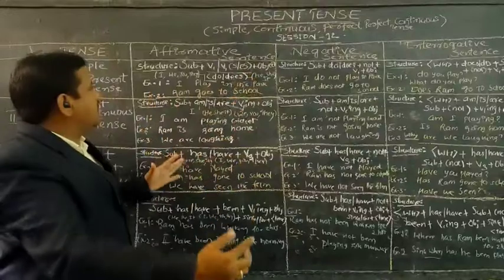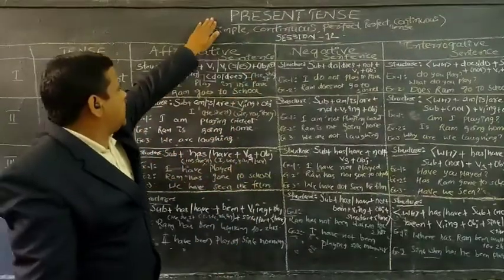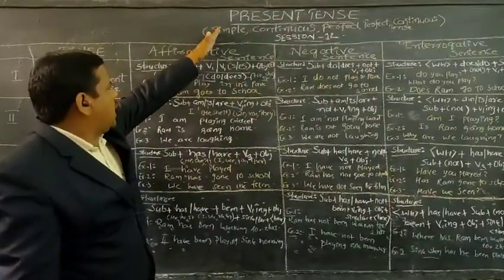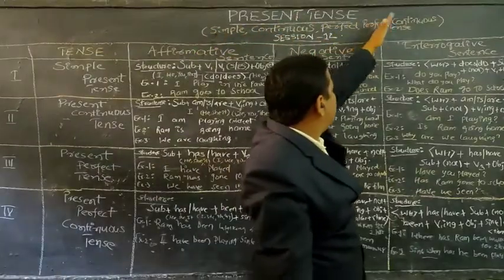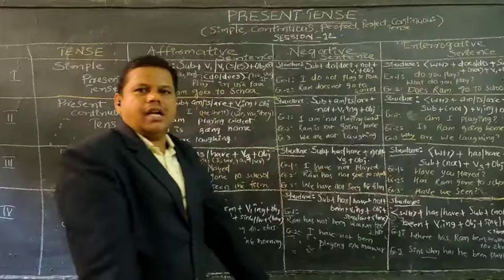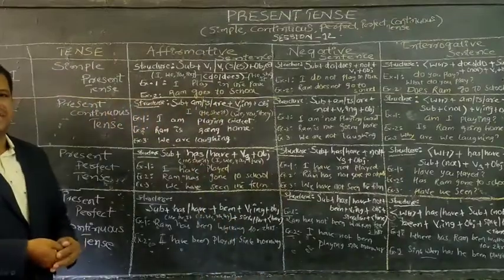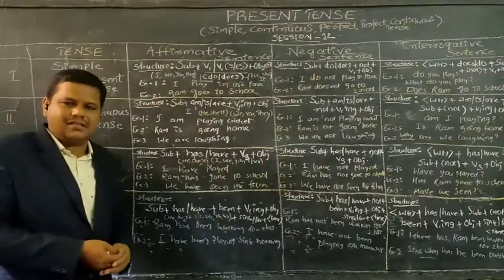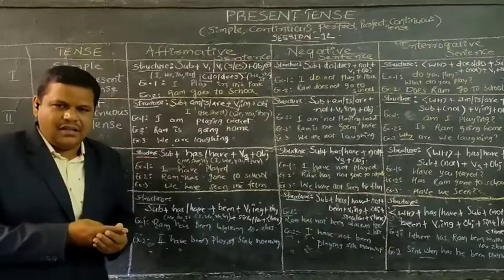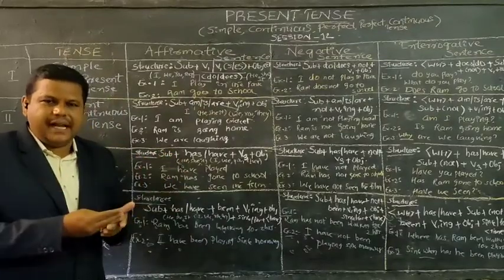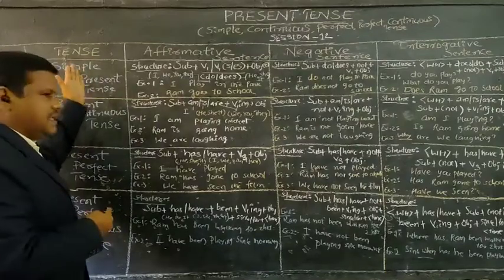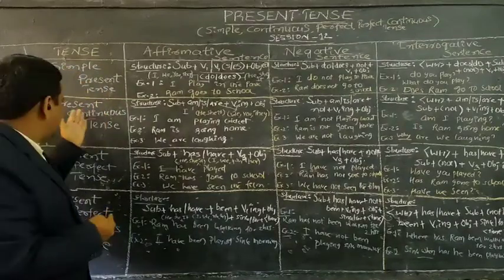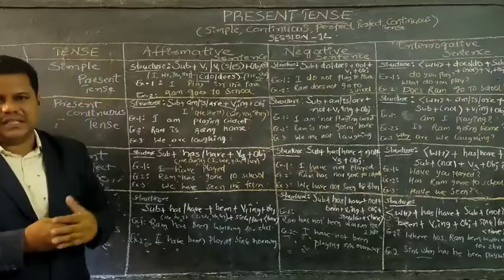See this particular chart of present tense, which has four types, that is simple, continuous, perfect and perfect continuous tense. We already discussed this topic in the last sessions. Each session was divided and I explained completely, present tenses in 3-4 sessions, past tenses, future tenses.